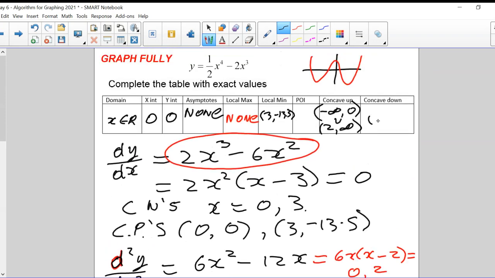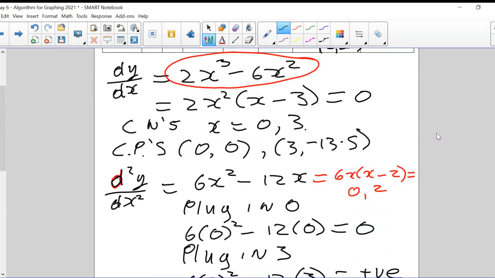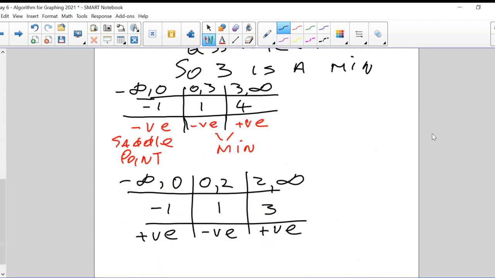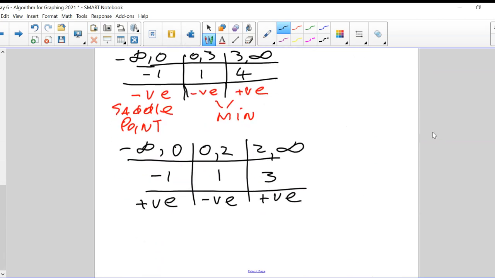Between 0 and 2. That's where it's concave down. So we haven't answered the last question yet, which is the POI, the point or points of inflection. Does anybody know where the points of inflection are? Does this last table here tell us where those POIs are?